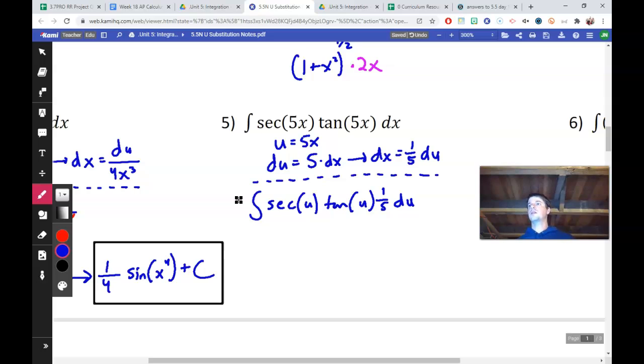So when we integrate it, we get secant of u. I do have the 1/5. I can put it out in front or behind, either way, doesn't matter. And then we need plus our constant. But we need to substitute this back in. Well, u is 5x, so 1/5 secant of 5x plus c. And there we go.